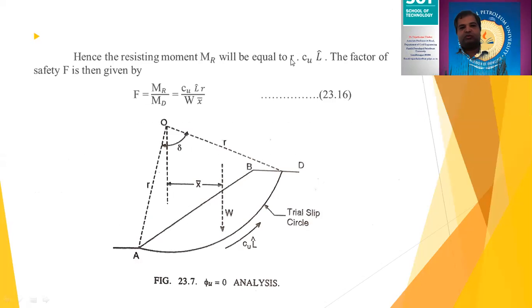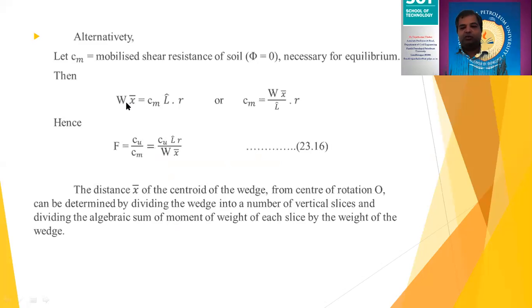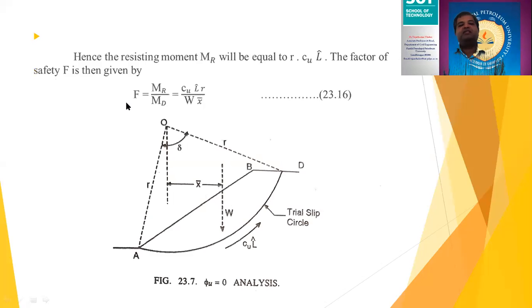Now, as you know, the factor of safety is equal to resisting moment to the driving moment. You already found both the parameters, so just put these values. So MR, we have said, is Cu L bar into r divided by W into X bar. So this particular thing will give you the value of factor of safety.